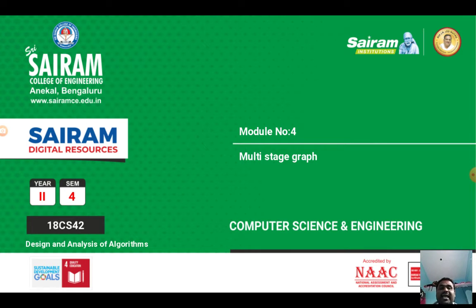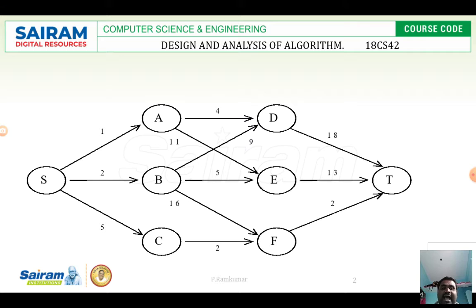For that, this is a graph. In this graph, let me consider S is the source vertex, T is the destination vertex. Now I am going to divide this graph into different stages such as 1, 2, 3, 4. Under stage 1, the vertex S alone will be available.